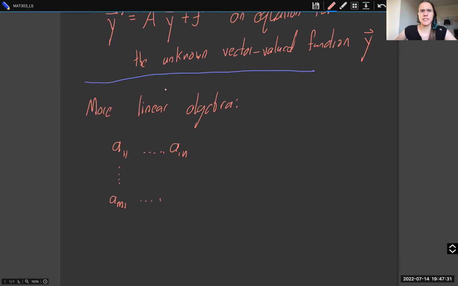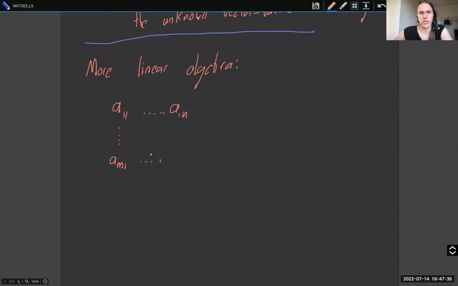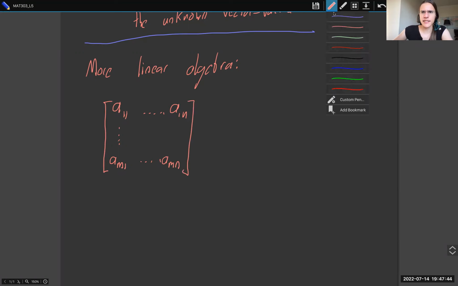So here we were considering square matrices, but here we're going to consider a more general case. So let's say that this is an M by N matrix.